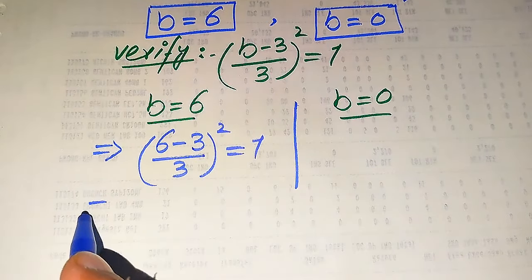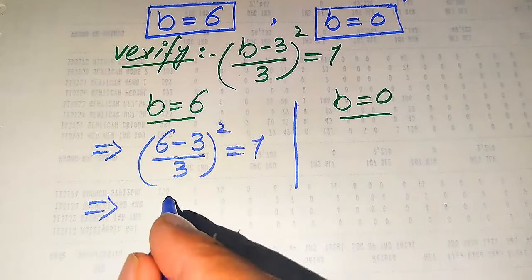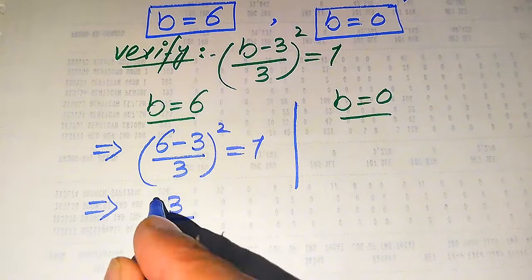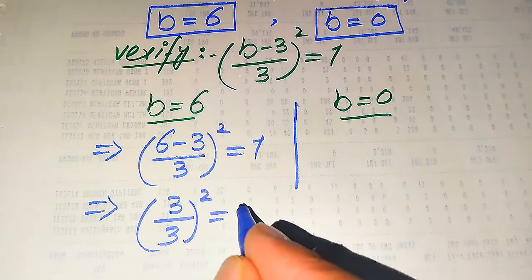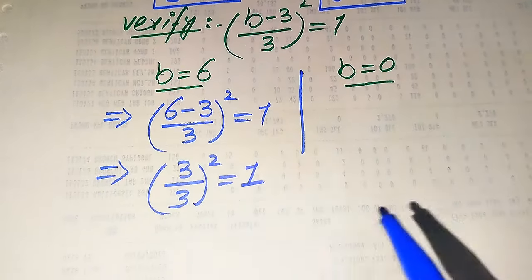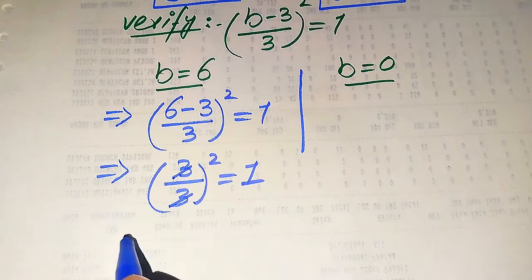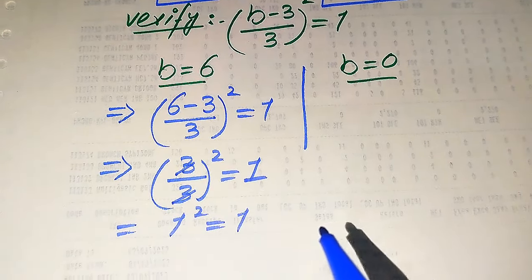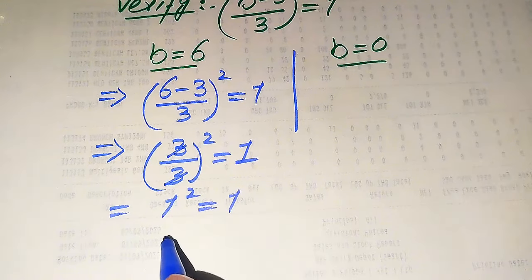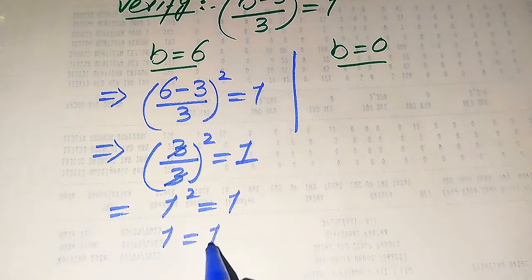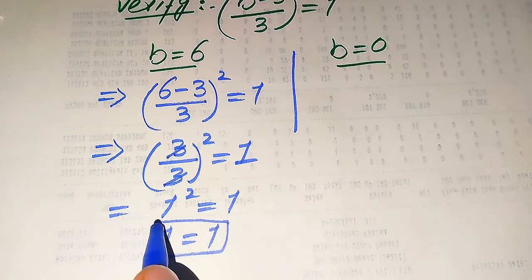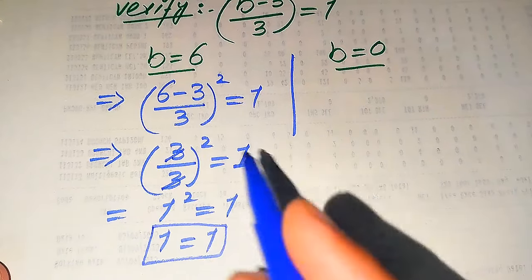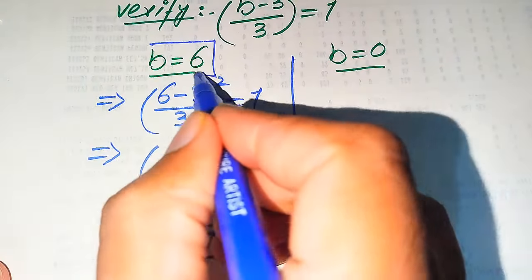And further in the next step we have 6 minus 3 becomes 3, divided by 3, whole square is equal to 1, and we know that this 3 is cancelled out by this 3, and we get 1 square is equal to 1, and we know that 1 square becomes 1, which is equal to 1. So this shows that both of the sides are equal when we choose b is equal to 6.